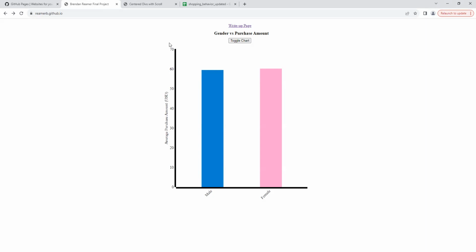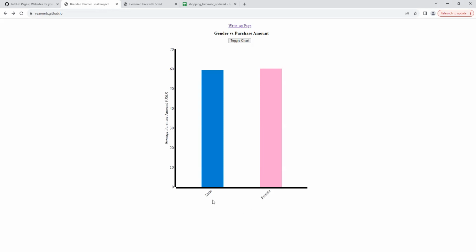As you can see right here, I have male spending encoded as blue, female spending encoded as pink. Not to play into traditional gender roles too much, but at a glance, you see the title, gender versus purchase amount, you know which one it is, because in our culture, those are generally the colors that are associated with each gender.